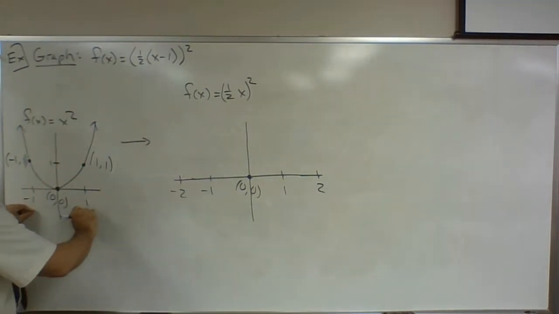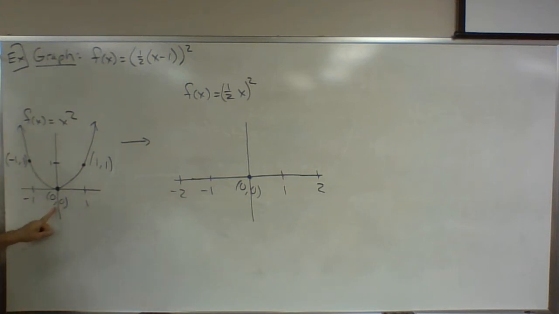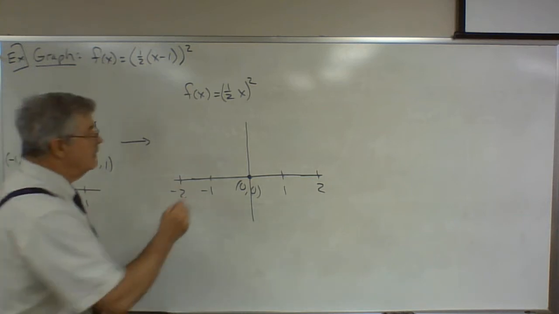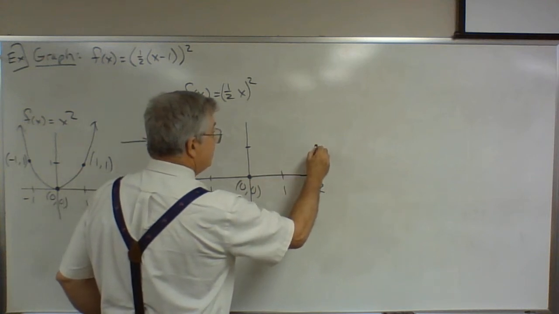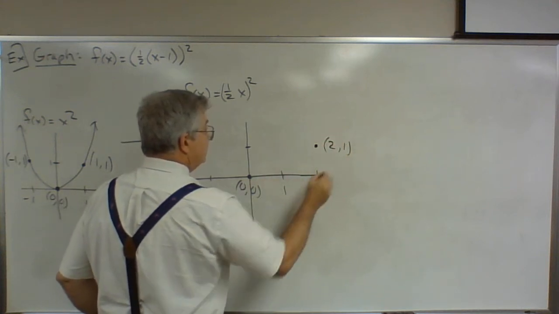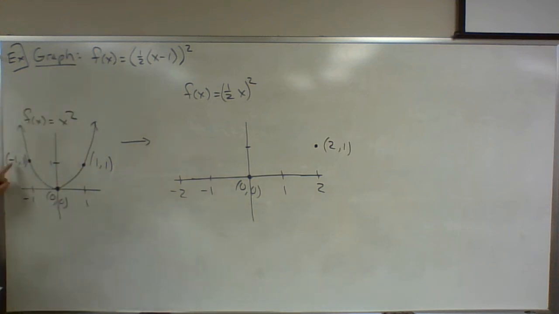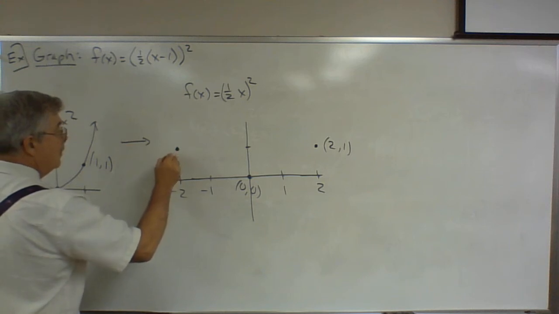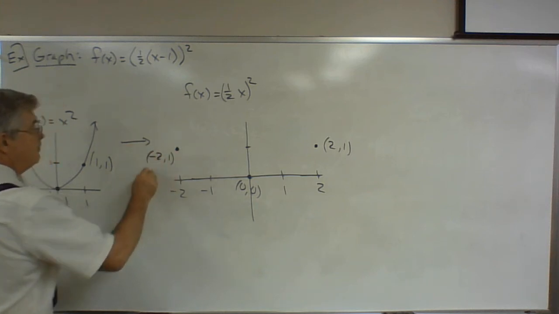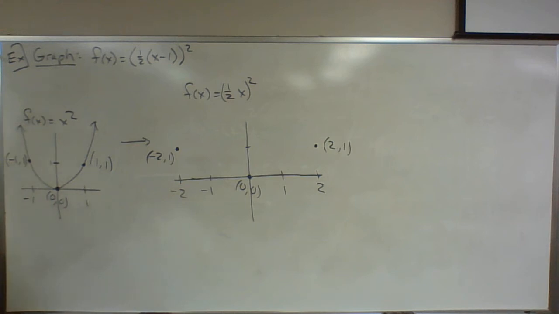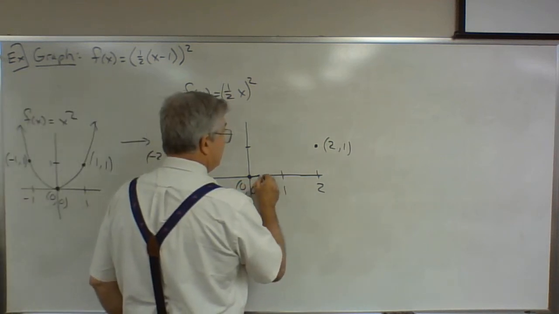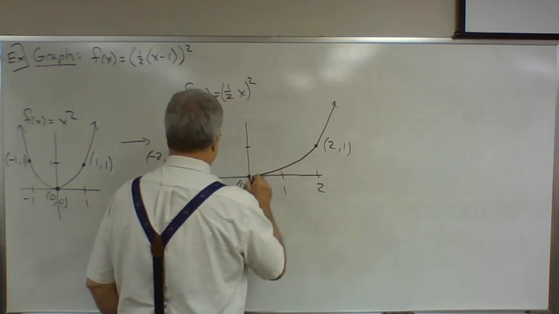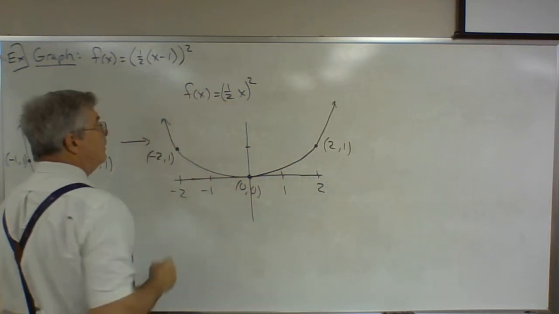And horizontally, everything stretches out with reference to the origin by a factor of 2 each way. The x-coordinate here is 1. So the x-coordinate of the corresponding point on our graph is 2. The x-coordinate here is -1. So the x-coordinate of the corresponding point over here is -2. Cool.